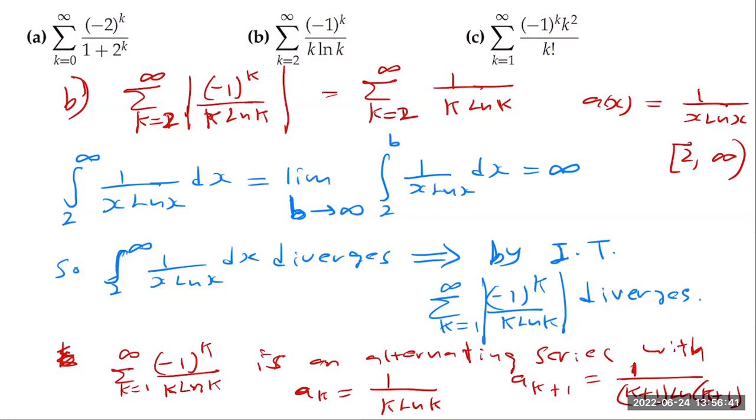Now notice that this denominator is bigger than the denominator here, because k+1 is bigger than k, and ln(k+1) is bigger than ln k when k is bigger than or equal to 2, because the series goes from 2 to infinity, right? So what does that tell you? Let me go to the other page.